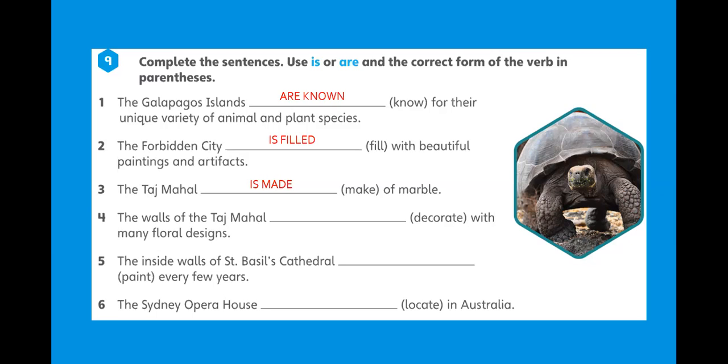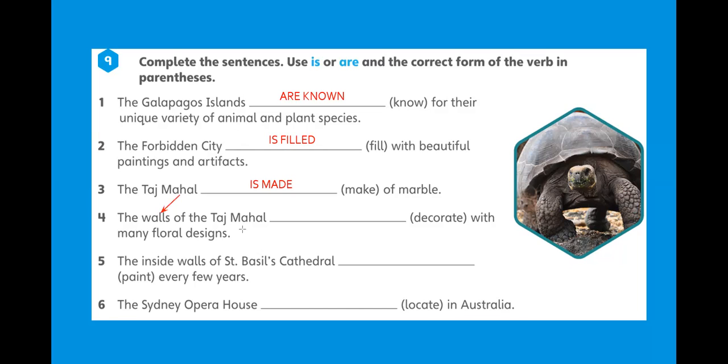In number four, we have the walls of the Taj Mahal, blank with many floral designs. In this case, they are trying to confuse us because here we're not talking about the Taj Mahal. No, that is extra information. We are talking about the walls. The real part that we have to focus on is the walls. The walls is going to be the true subject of our sentence. So the walls is plural.